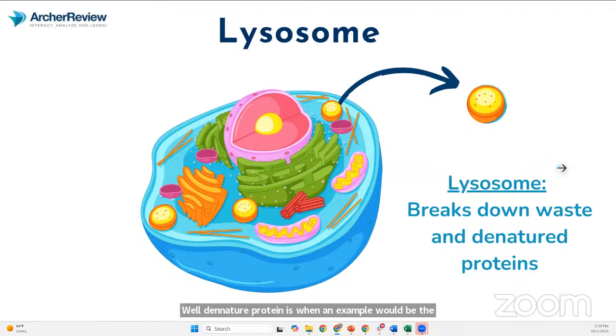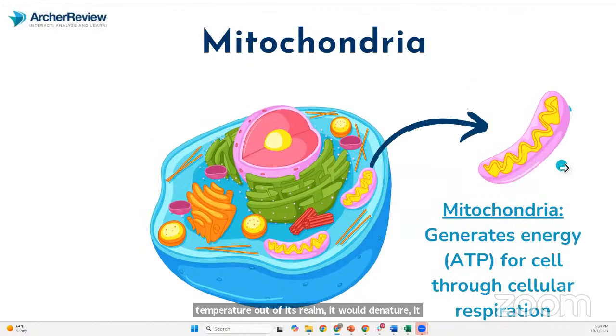If it was exposed to a pH out of its realm, or a temperature out of its realm, it would denature, it would break down. And so lysosomes would be responsible for getting rid of those broken down enzymes. And you are most welcome, the person who asked about the lysosomes.